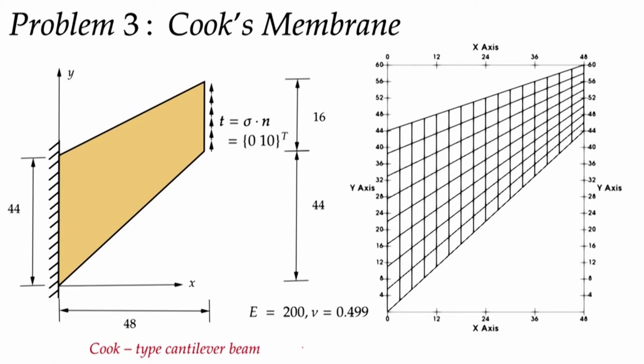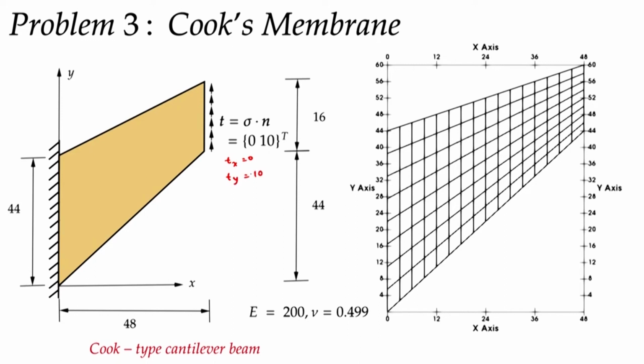Here also we have taken E as 200 GPa, or 200 units, and nu as 0.499. It is a cantilever kind of beam, where the dimensions are 44 and 48, and there is a vertical traction along the right edge, Tx and Ty, where Tx is 0 and Ty is 10 units.